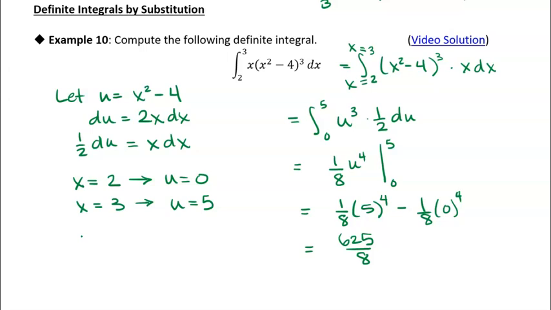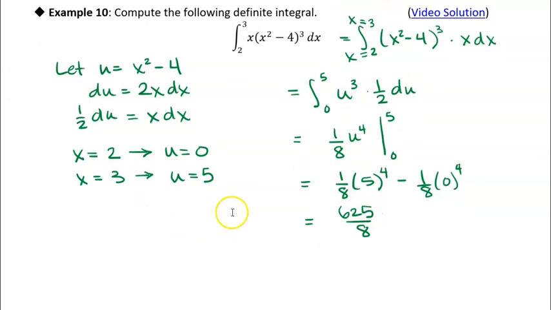Now that is the same thing you would get if you took your antiderivative and rewrote it in terms of x and kept your x limits of integration. You would end up with the same thing, but it's easier just to translate the limits of integration into u values and then evaluate your antiderivative in terms of u.